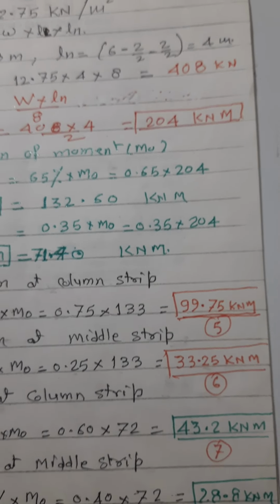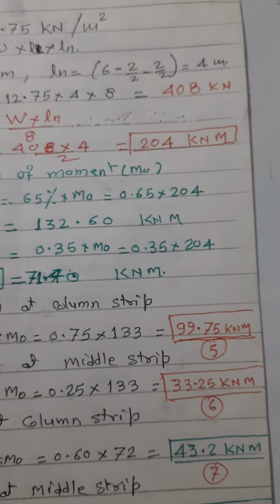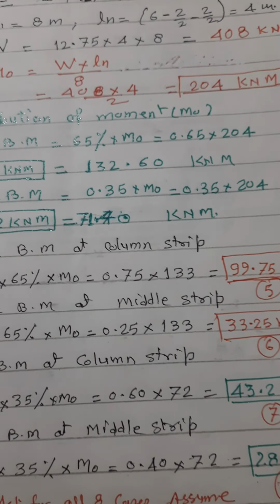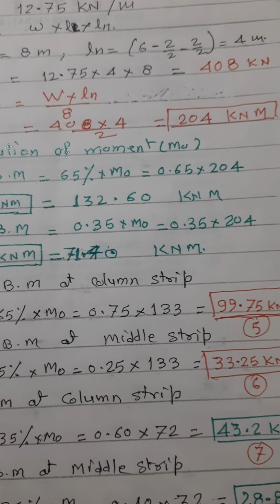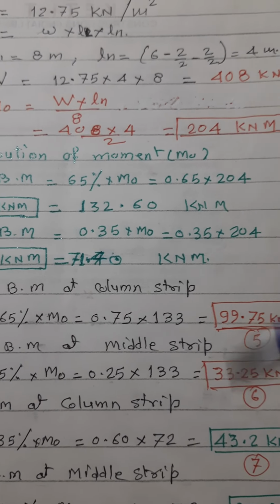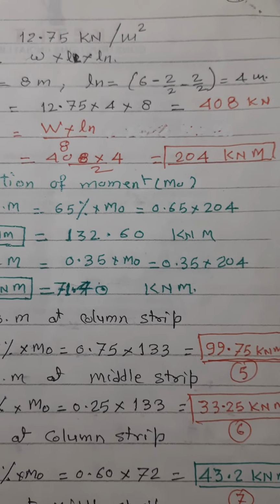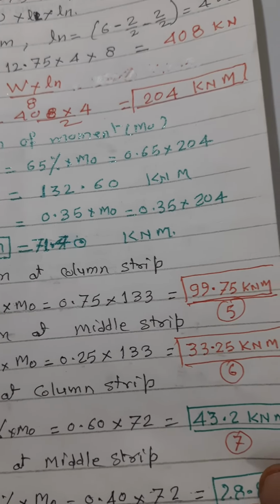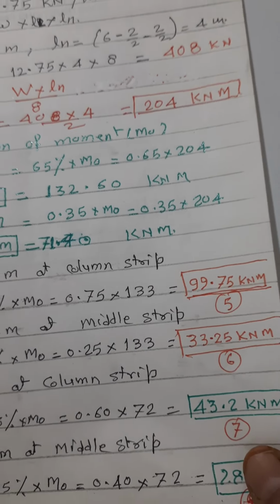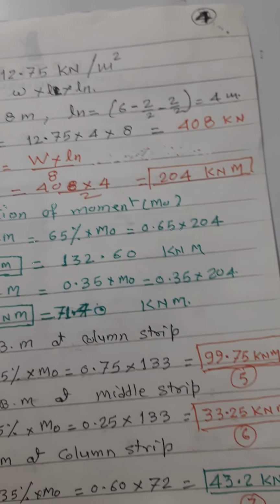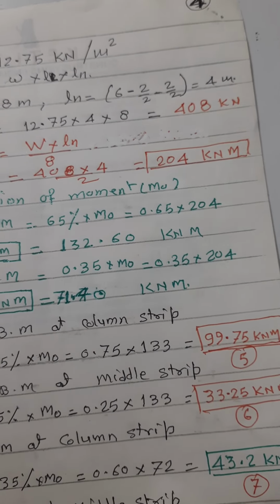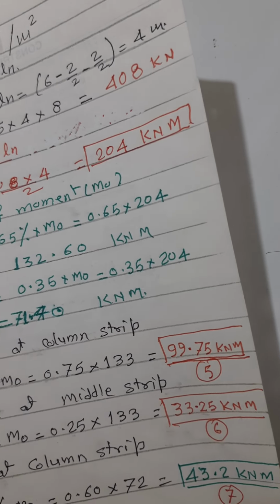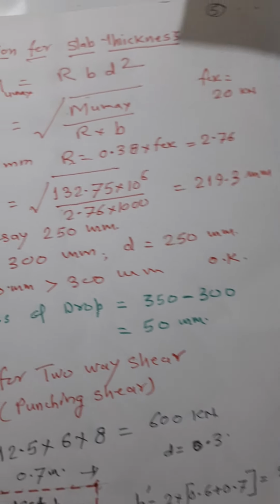So in all we have calculated 4 bending moments along the longer span, and 4 bending moments along the y direction, the transverse direction, for the column strip as well as the middle strip. Now, out of the 8 bending moments, we select the maximum bending moment, and from that we calculate the value of the D required.